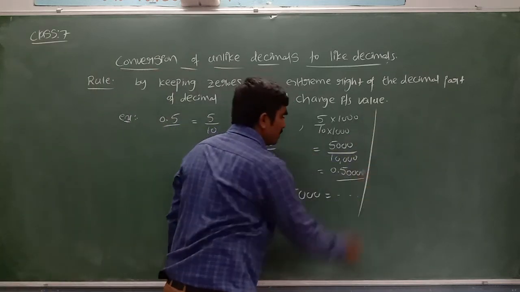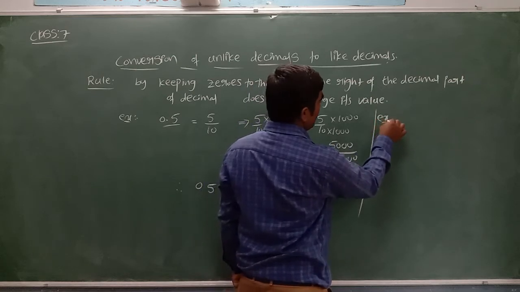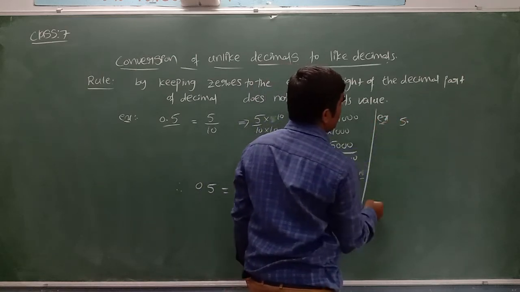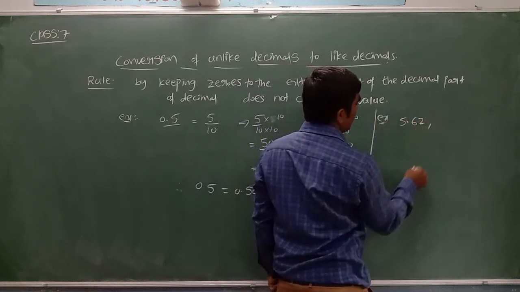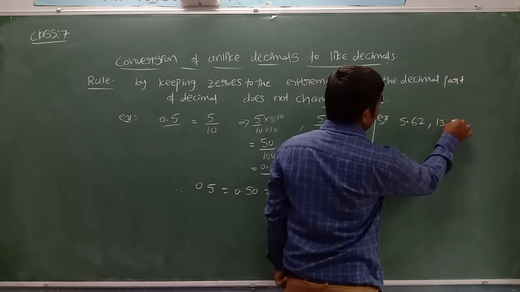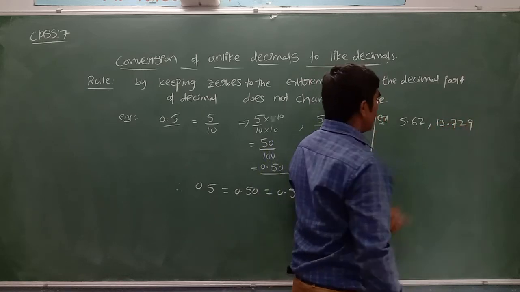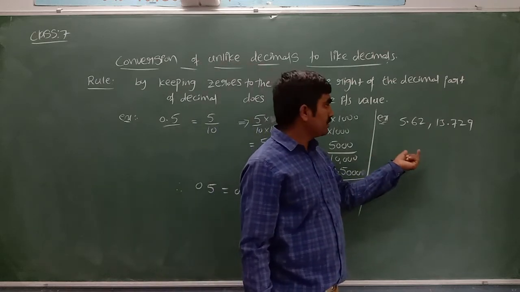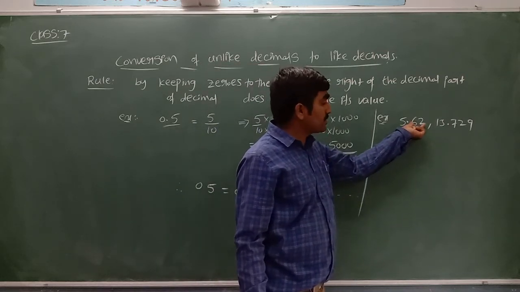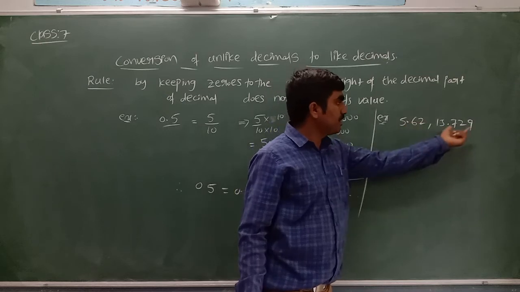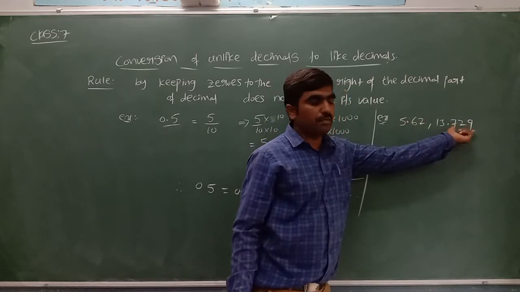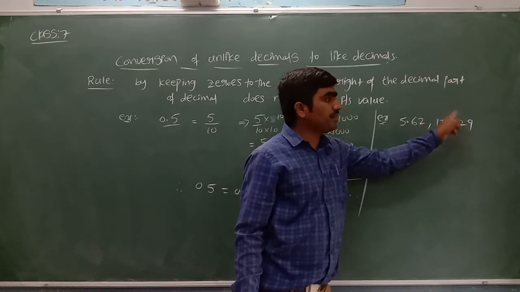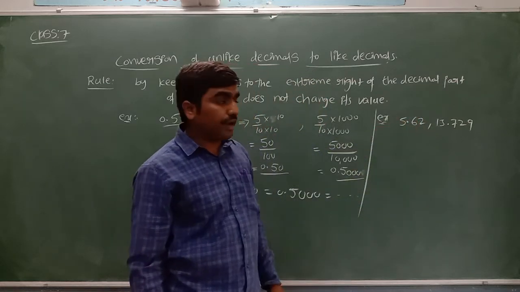Let's see one example. 5.62, 13.729. Here I can see two decimals. Both are unlike decimals. The reason is the first decimal has two decimal places and the second has three decimal places. Both have different numbers of decimal places, so they are called unlike decimals.